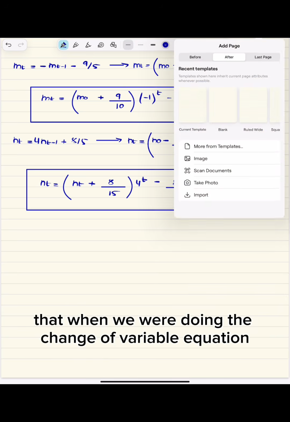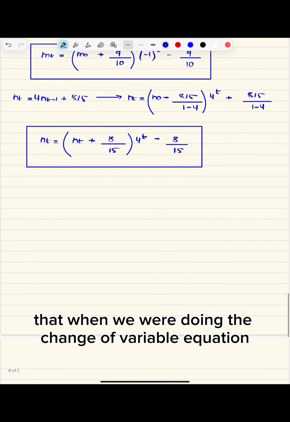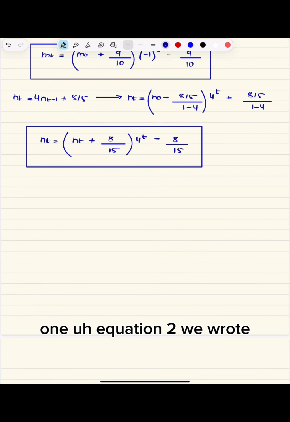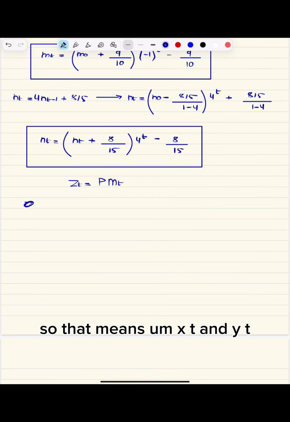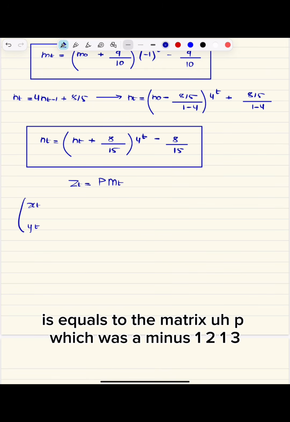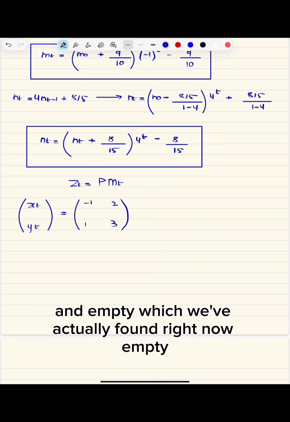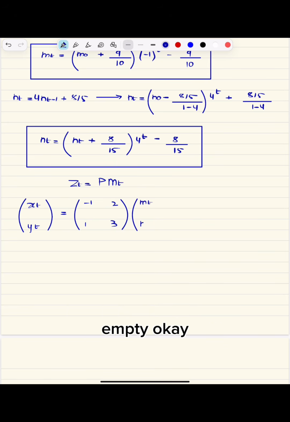Remember, we wrote that when we were doing the change of variable, equation 2, we wrote z_t, which we wanted to find, is P times m_t, right? So that means x_t and y_t equals the matrix P, which was minus 1, 2, 1, 3, and m_t, which we've actually found right now, m_t, n_t.